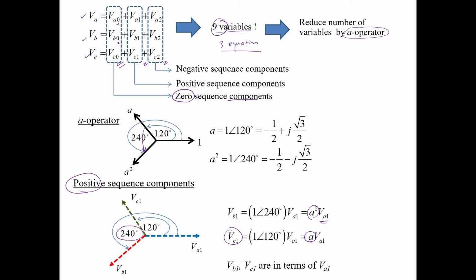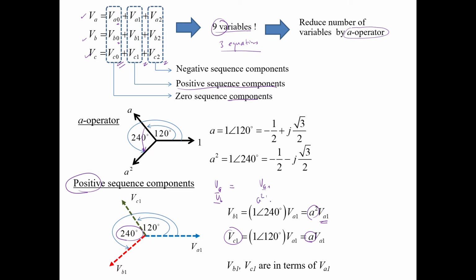Okay, so let me write in this line. You can see that the phasor of VA can be expressed in this form. You can express this column, the positive sequence column. Now you have VA1. So VB, you can express your VB by what?